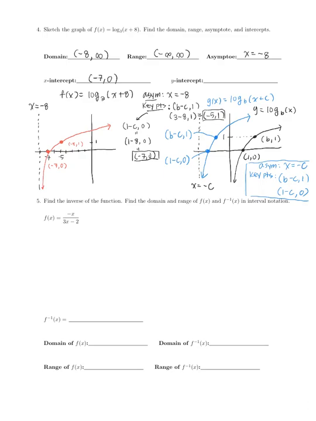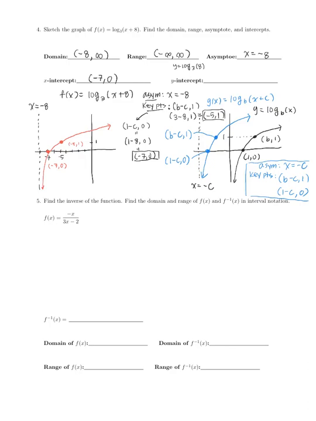Okay, so let me just work that over here. So you got y equals log base 3 of, you're going to set x equals 0. So you're going to have log base 3 of 8. Now I know that you have your scientific calculator with you, but your calculator does not have log base 3.